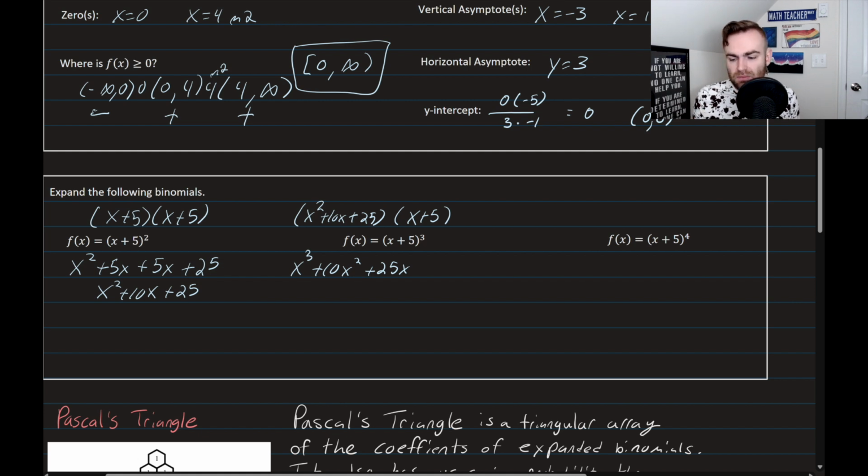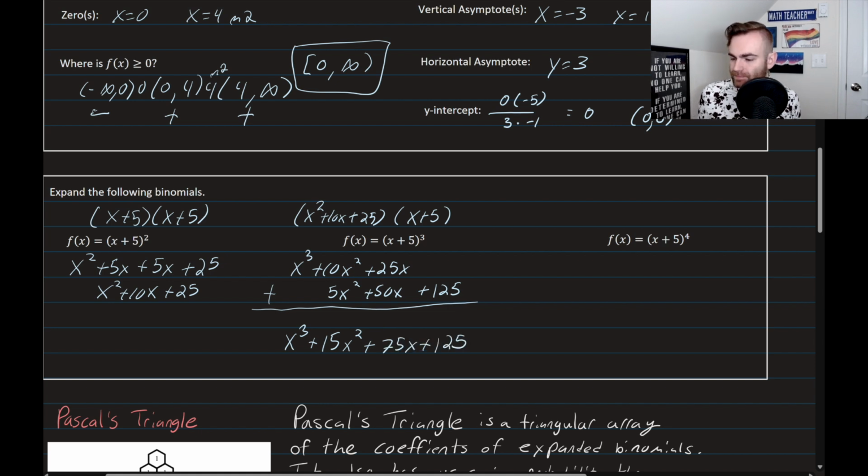Then I'm going to multiply each of the terms by 5. So we're going to have 5x squared plus 50x, and then plus 125. Add all of the like terms together, and we get x cubed plus 15x squared plus 75x plus 125.